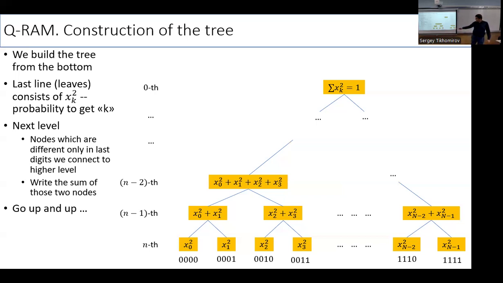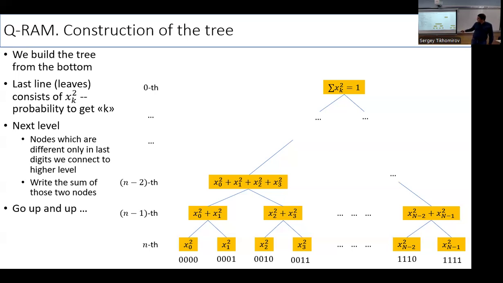Assume that we already uploaded the desired vector. Then those numbers are probabilities to get this sequence of bits after the measurement.